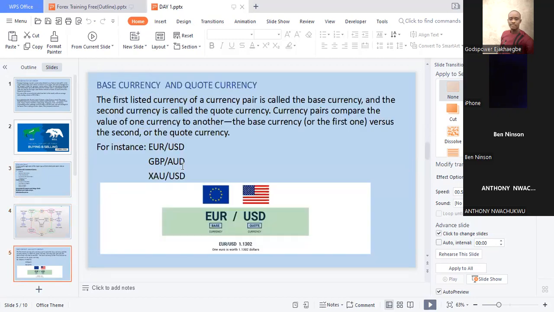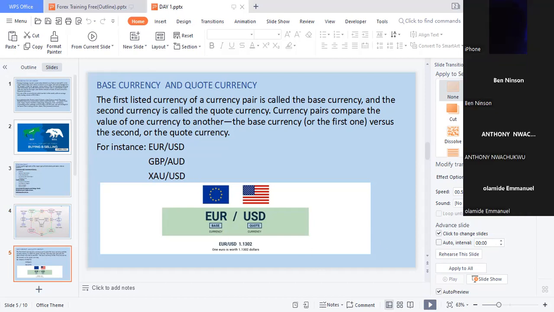There are two types of currency in the forex market: the base currency and the quote currency. But before I start, what is a currency? A currency is a fiat a country spends. I repeat, a currency is a fiat a country spends.